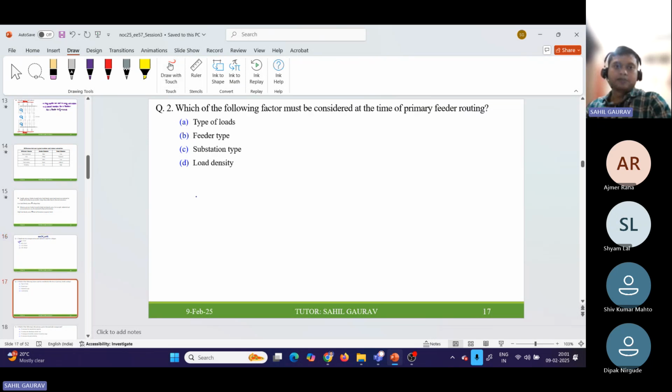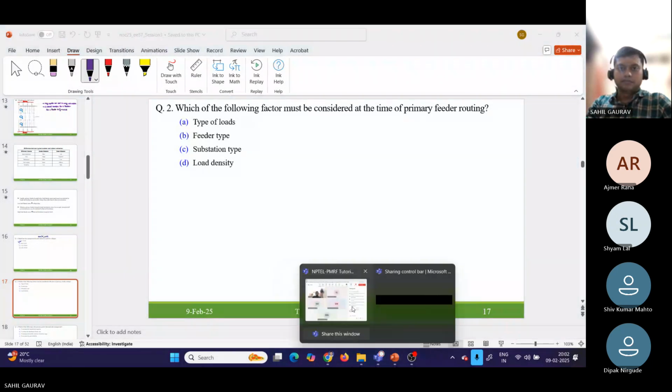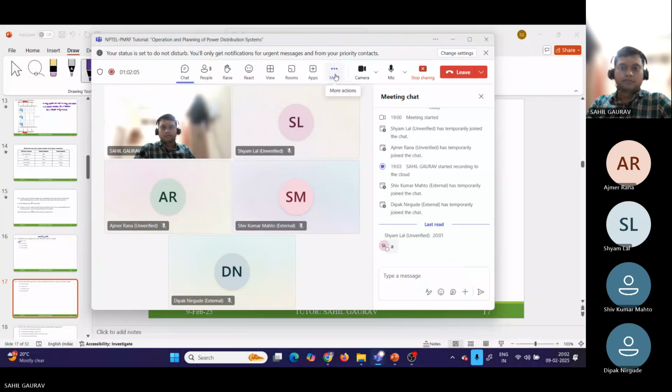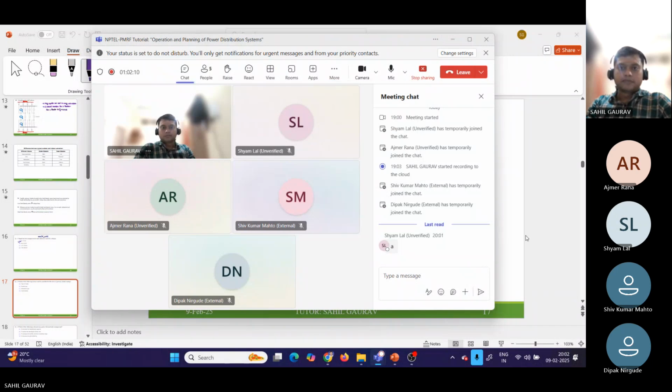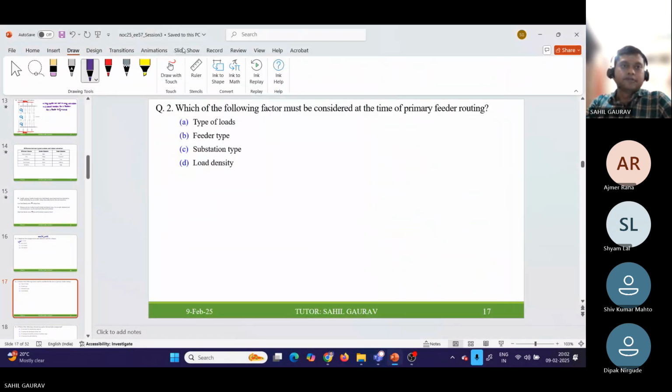Moving to the next problem. Which of the following factors must be considered at the time of primary feeder routing? The options are type of load, feeder type, substation type, load density. If anyone knows the answer, you can tell your answer.